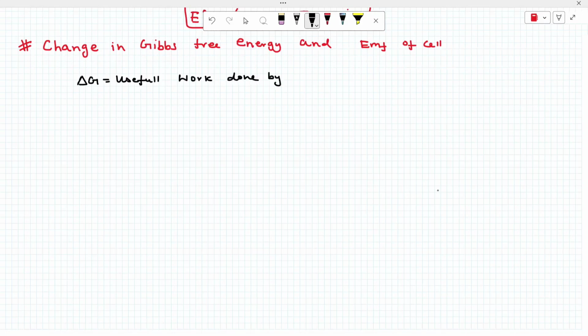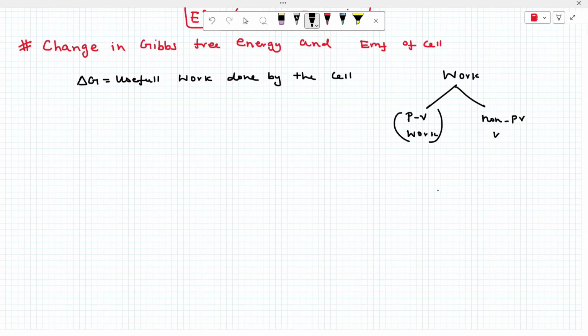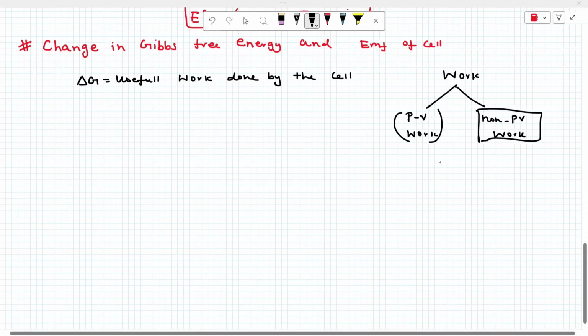Work is generally classified in two types: one is PV work, pressure-volume work, and the second is non-PV work. The non-PV work is useful work. This useful work we call delta G.